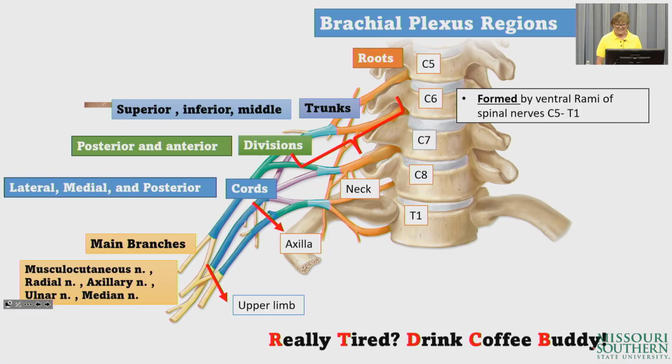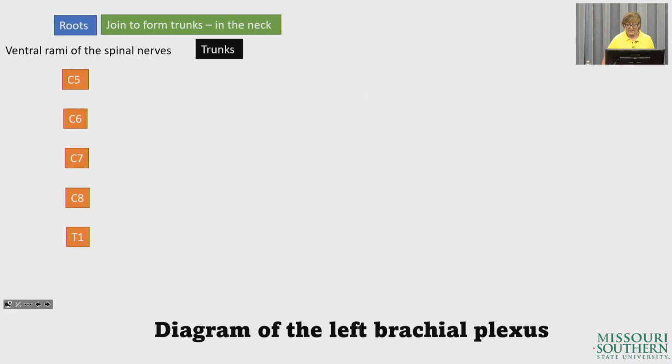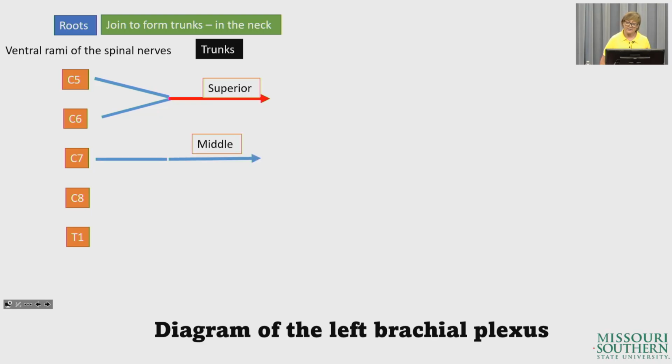So this is the mnemonic that might help you to remember all of the regions of the brachial plexus in the correct order. Roots of C5 and C6 join, forming the superior trunk. The C7 root continues, forming the middle trunk.